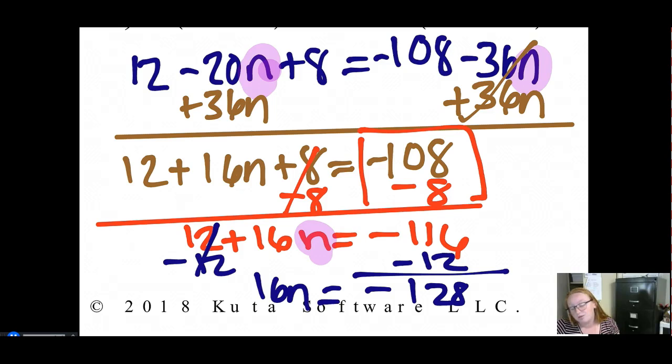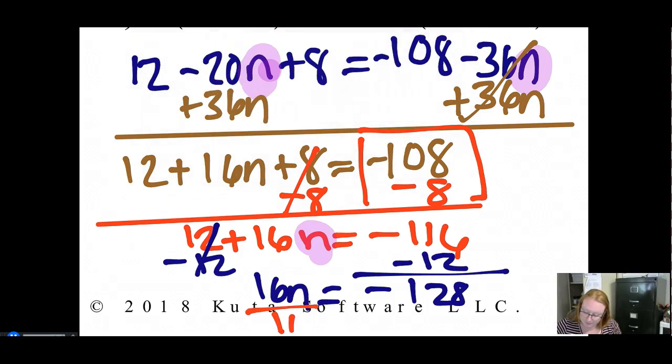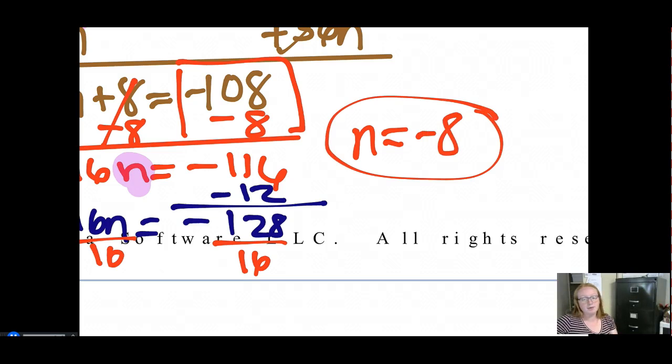For the first time in my worksheet, I am pulling out my calculator. I'm pretty good with my facts 1 through 12, but I don't know what 128 divided by 16 is. I'm going to do it on a calculator. When I do that, I get n equals negative 8, because I divided a negative number by a positive number, I'm going to get a negative number.